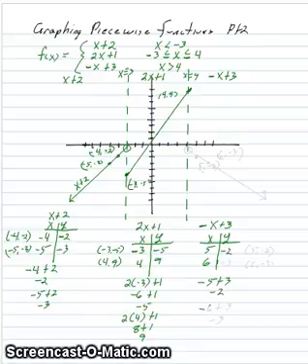When x is 6, I have -6 plus 3, which is -3. So my ordered pairs are 5 and -2, and 6 and -3. So I go to 5 and down to -2. So at 5, -2, and at 6, -3.